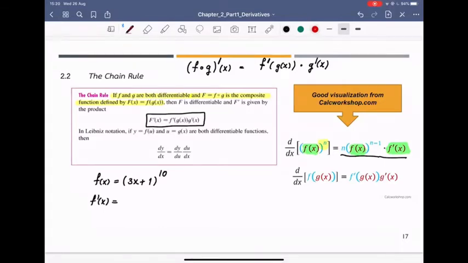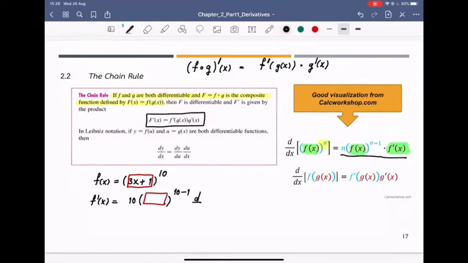By using the chain rule, I am going to look at my function 3x plus 1 as an inner function. And then what I am going to do is, I am going to treat my function as something that I box in red, raised to the 10 power. So I have 10 times something that I box in red, raised to the 10 minus 1 power.